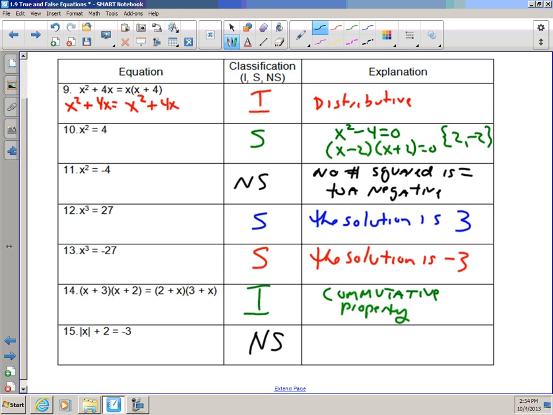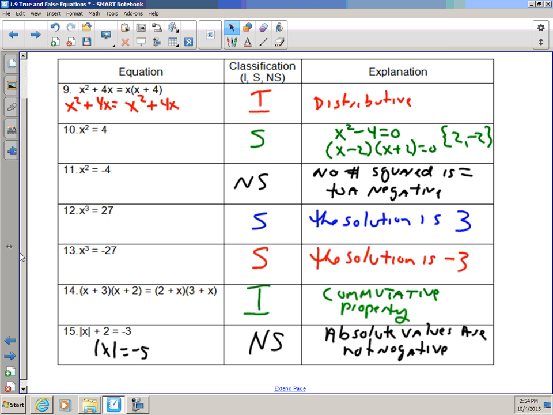Since this number would have to be a negative 5 to complete this, because you would get the absolute value of x equals negative 5. Well, no absolute value equals a negative, so there is no solution. Absolute values are not negative.